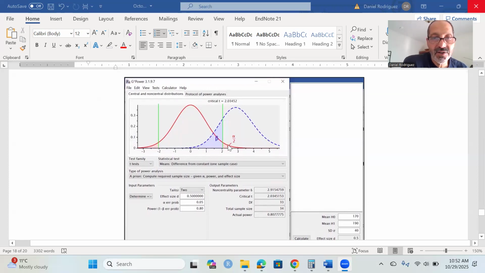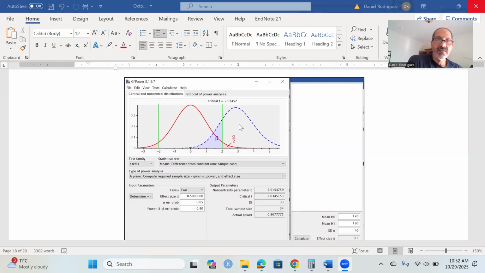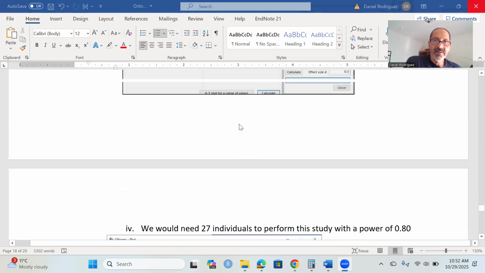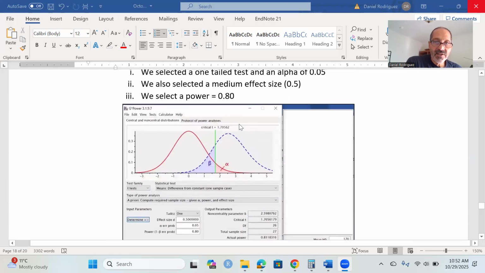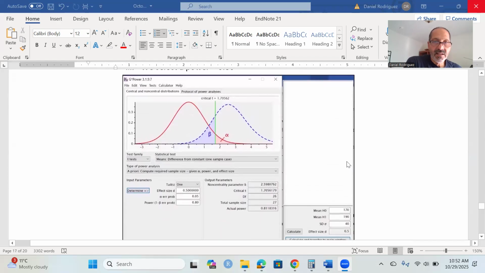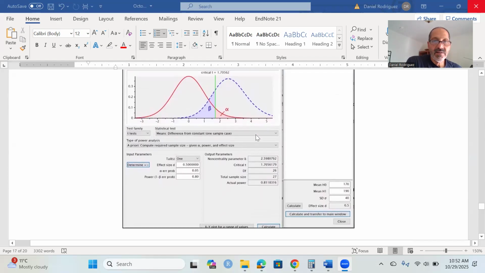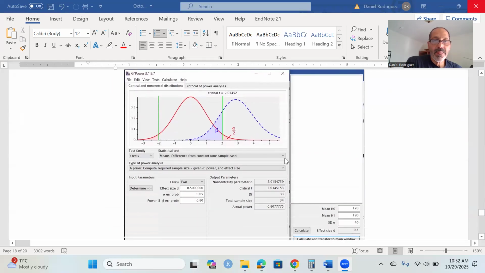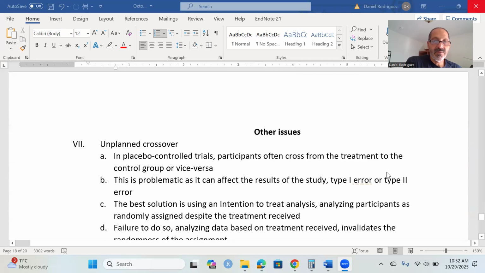See, alpha divided by 2, split it in half, right? So that changed where my critical value is. This was using a t-test, right? We were comparing a sample to a population, where we didn't have a population standard deviation. We just used our estimated one. So you can see there's a difference from the one to the two-tail alpha, right? Okay. Yeah, so that's interesting. So you can do whatever you want.